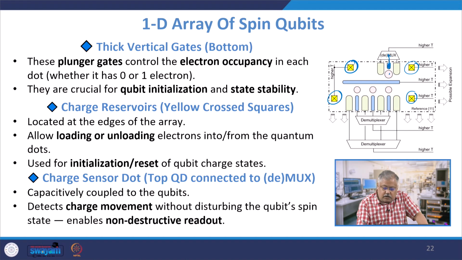This blue colored gate here is known as the charge sensor dot, and it capacitively couples to the qubit, and therefore it detects how much charge movement is taking place without disturbing the qubit spin state. So this is almost like a non-destructive readout circuitry, and this is quite critical for understanding one array of spin qubits, because you do not want the state to be destroyed. You should read the state without destroying the state.